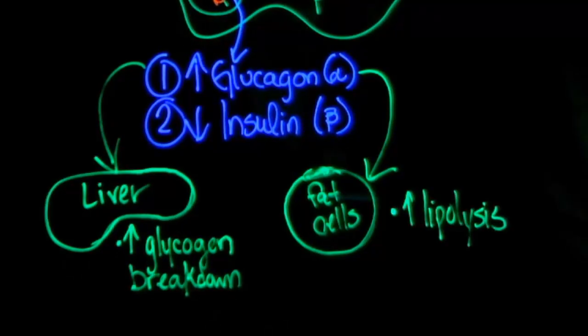Fat cells that are bound by glucagon to their receptors are going to respond by increasing lipolysis and breaking down that stored fat into molecules that can be converted into glucose. The goal of this then is to increase blood glucose levels.